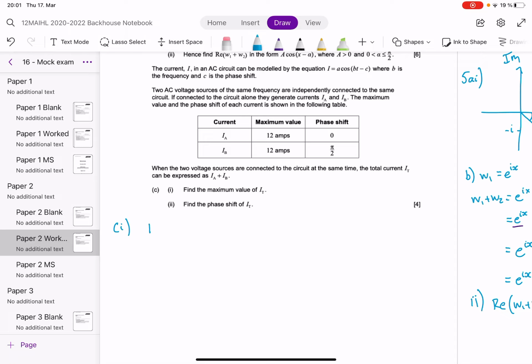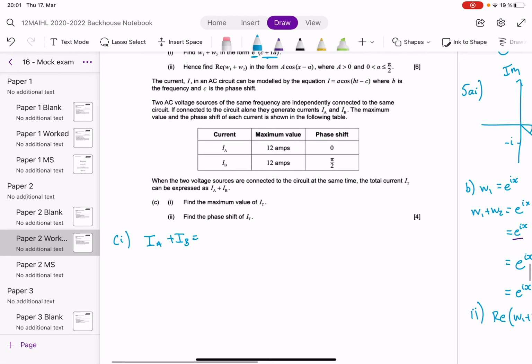So we want to start off by doing IA plus IB. So we've been given the amplitude is 12. And we've been given the phase shift of the first one is 0. I'm not going to bother writing that in. So that's my first current. My second one has the same magnitude, has the same frequency, because it says they have the same frequency.